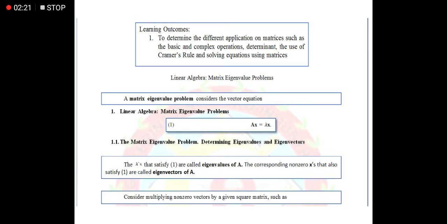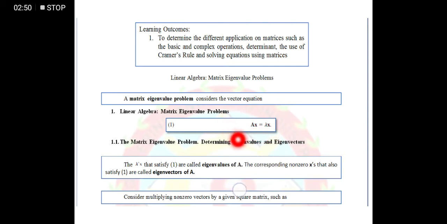When you say eigenvalues and eigenvectors, those eigenvalues are values of a constant, or values of lambda. As you can see here, when we say eigenvalue problem, we have to satisfy this equation, equation number 1.